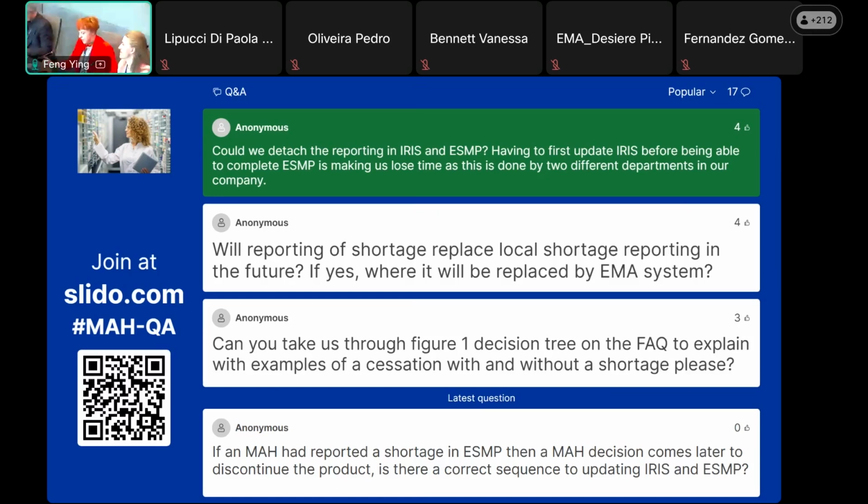Yes, it's a very good question, and we are well aware that this is not the most convenient solution. So we are in constant conversations in terms of setting up systems which are future-proof and are most efficient in terms of the user experience and reporting pathways.